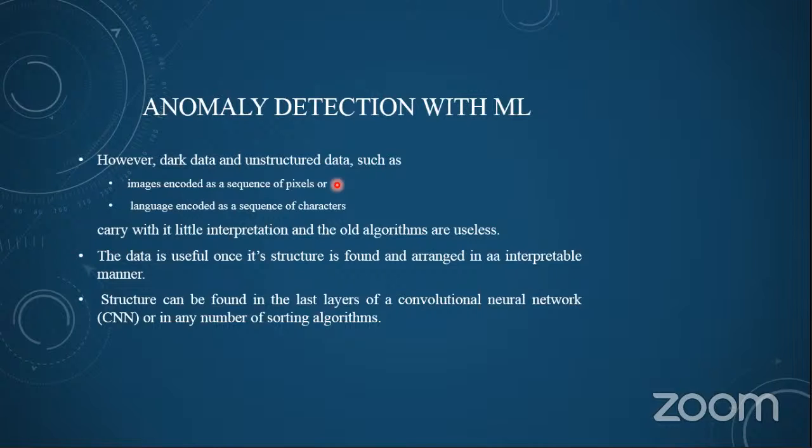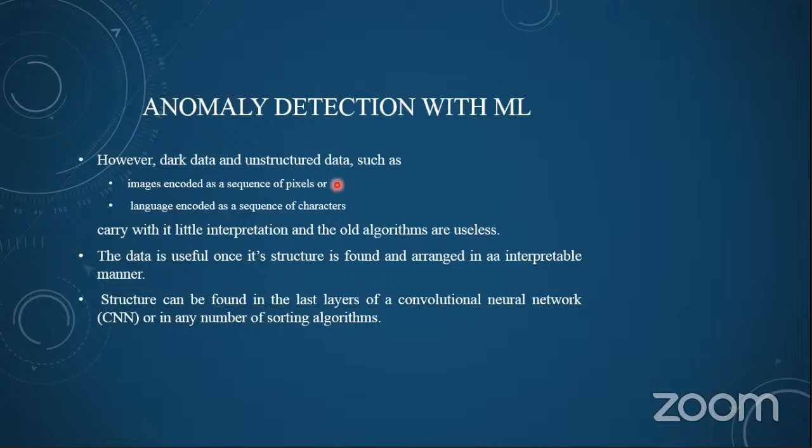Suppose the image is of a cat, but it is encoded and is now showing as a blurry image because of the encoding procedure. When we look at that, we can't identify it. But when it is decoded, we can say that it is an image of a cat. So this is one of the problems with unstructured data.